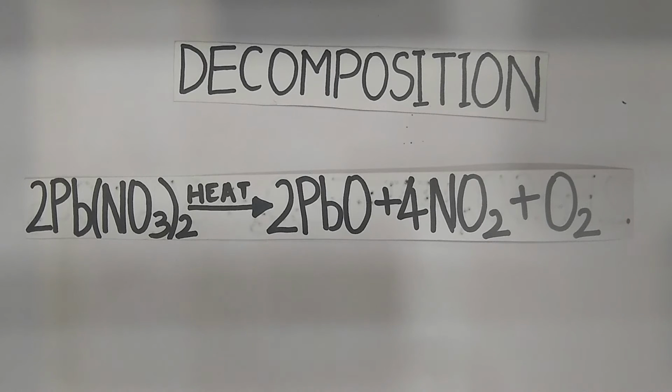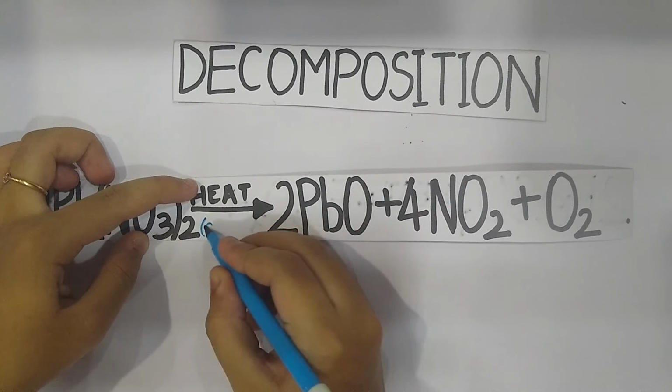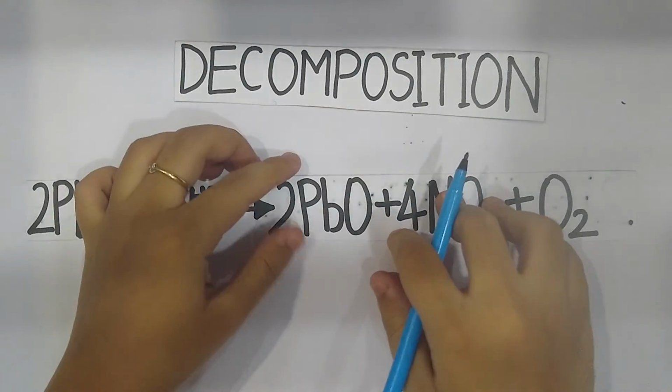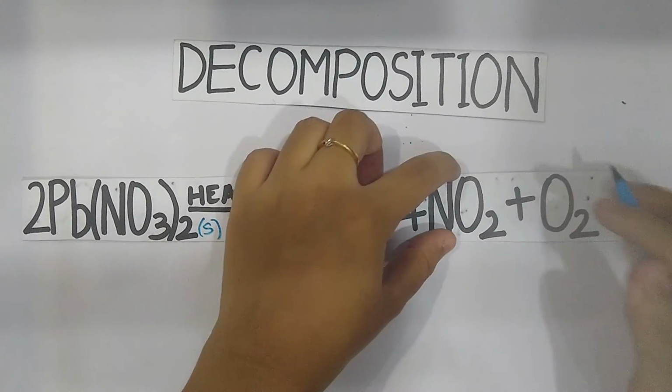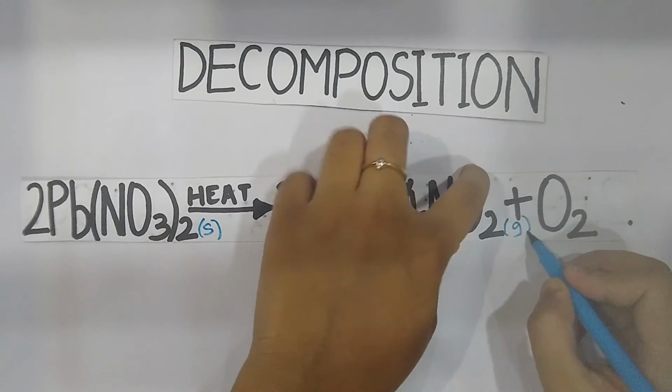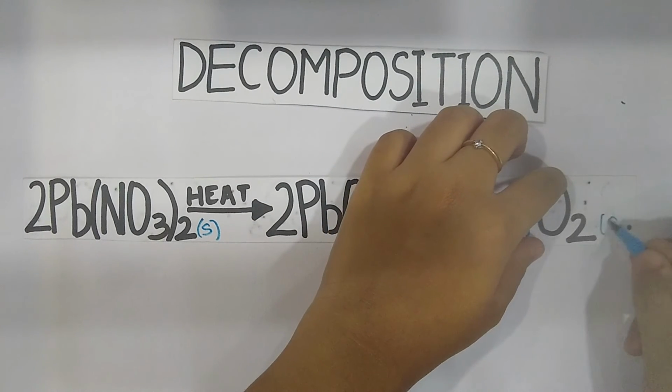So we'll have to indicate the state of matter, which is solid, heating to give us PbO, which is again solid. NO2 is a gas, and this is the emission of brown fumes, alright? And then we have oxygen, which is also a gas.